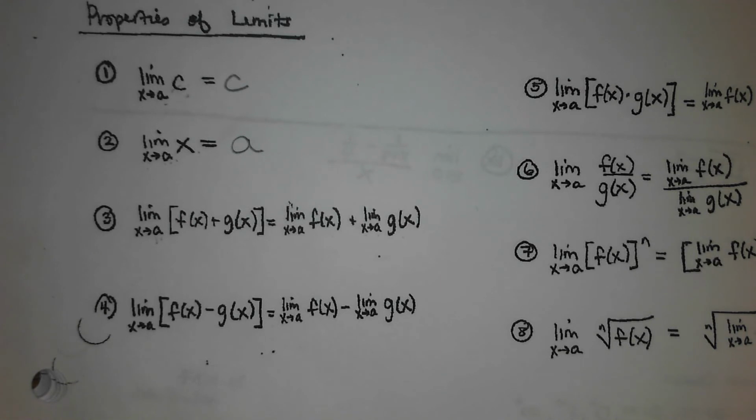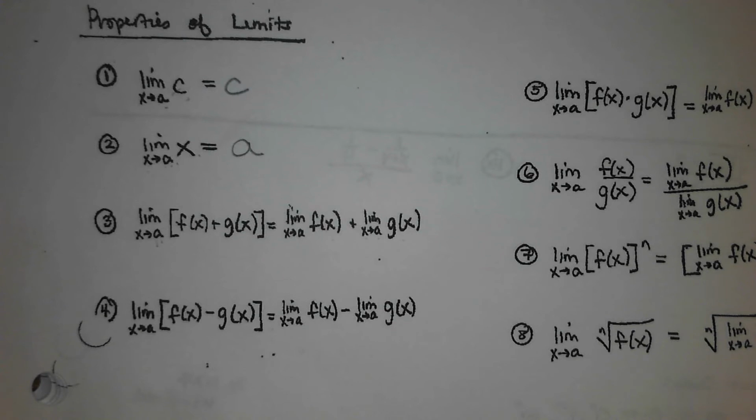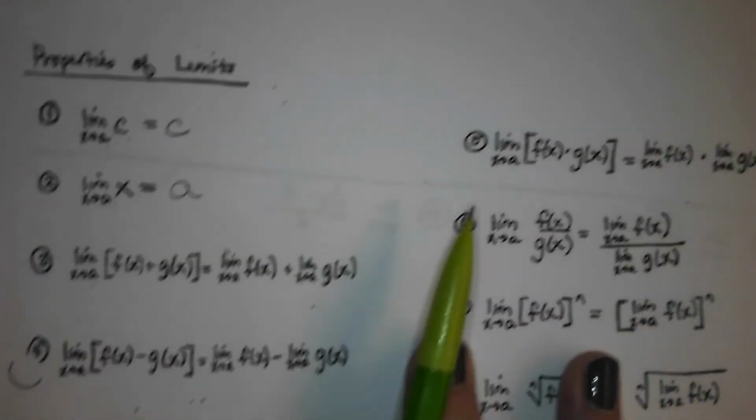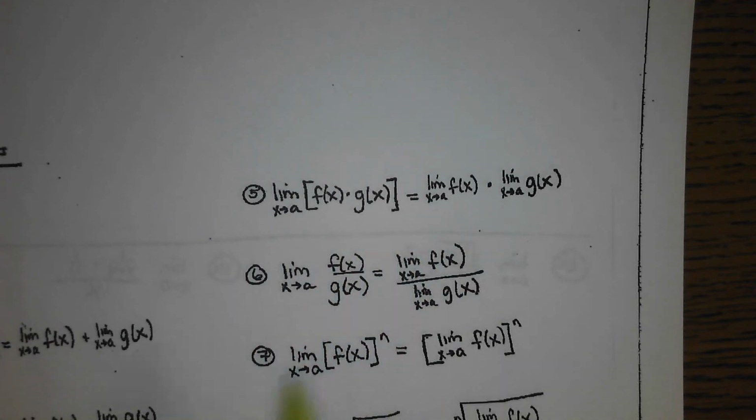Okay? You're not technically distributing here. It's just a property that says the limit of two different mini functions added together is going to be the limit of each one individually added together. Same thing with subtraction. Same thing with multiplication. And the same thing as division.